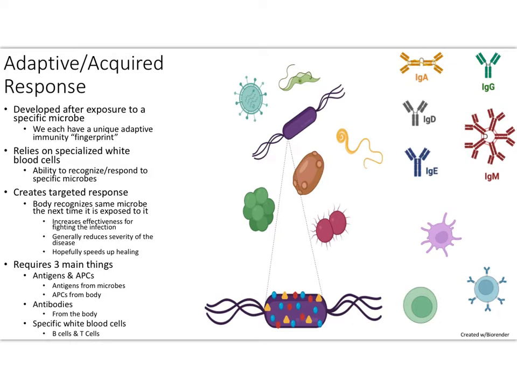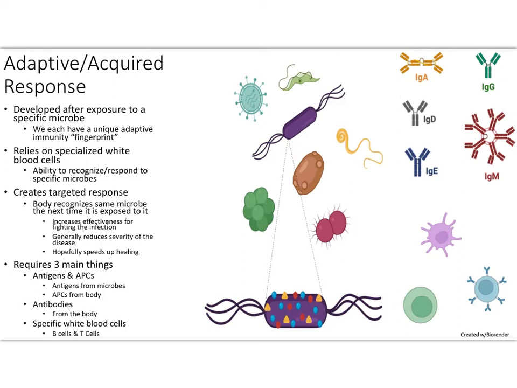Typically, this also helps speed up healing as well because the defense that we have against each of these individual types of microbes is more specific to that microbe. It means that we can target just that microbe rather than mounting a huge immune response that will cause some problems in our cells as well.